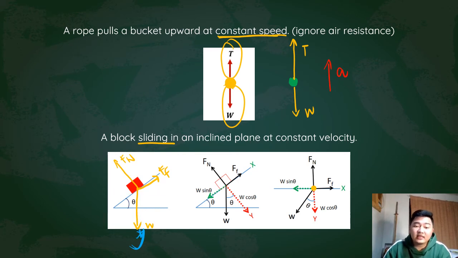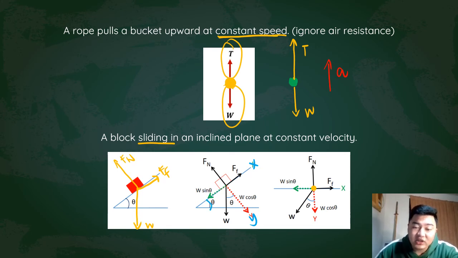But remember that directions in our free body diagrams can be arbitrary, or when we assign directions here, we can actually tilt our Cartesian coordinate plane. As you can see here, we assign this one as our x-axis and this will be our y-axis. Now, the one that needs to be resolved into components here is just your weight. The component of the weight that is parallel to the friction force, and the component of the weight that is parallel to the normal force.